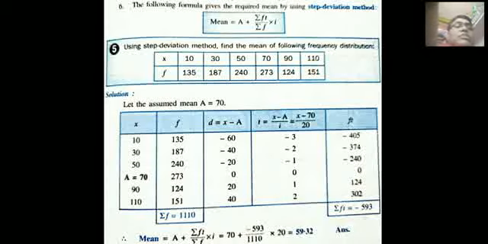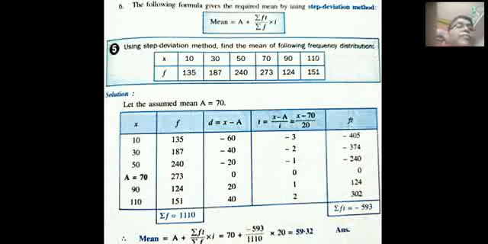Here, since there is no class interval, you can take any convenient number. So divided by 20, you find minus 3, minus 2, minus 1, 0, 1, 2.